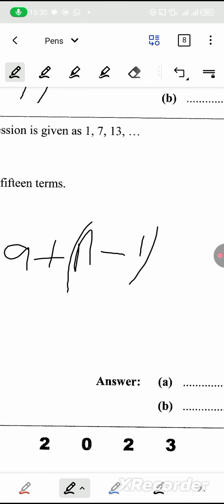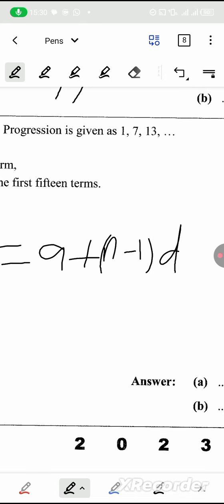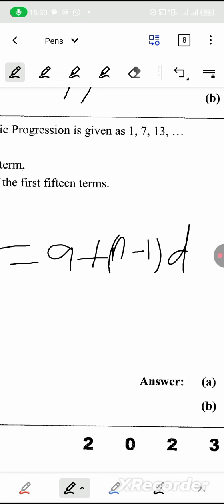I can write it here: n minus 1, yes, then we write D. So A represents the first term, n is the position, and D is the common difference.